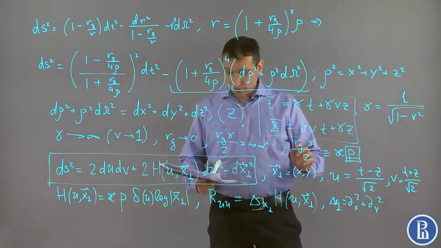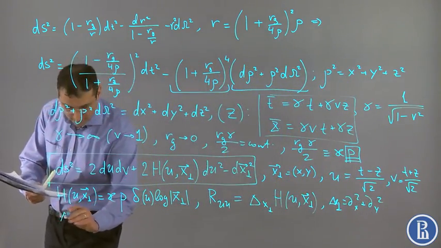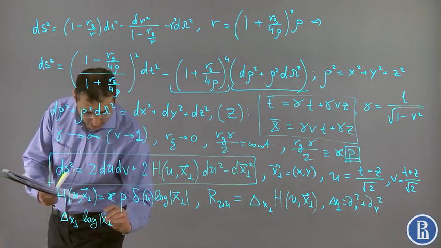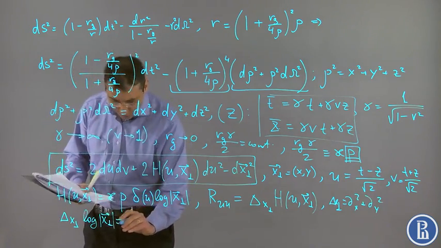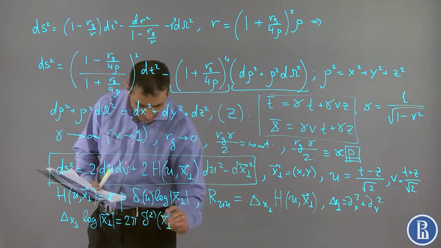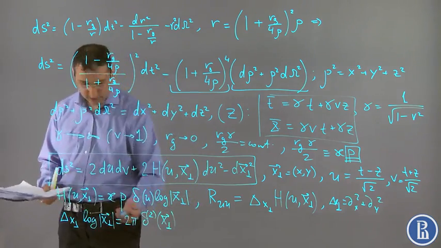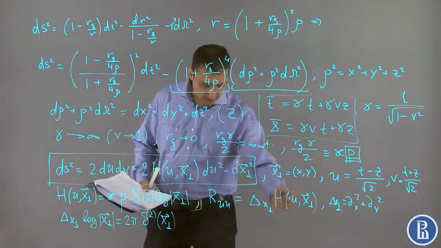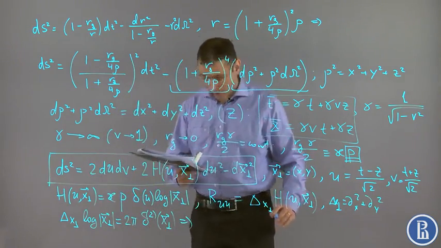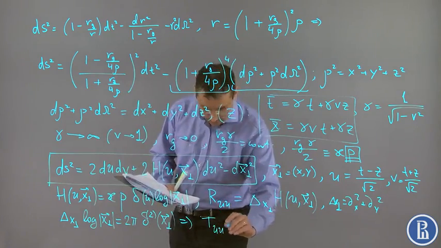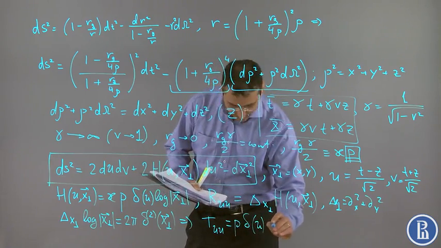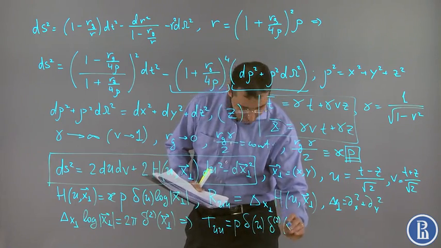Using the fact that the Laplacian of log x perpendicular is actually 2 pi times the two-dimensional delta function of x perpendicular, so basically log is a two-dimensional Green's function, we obtain that this metric solves the Einstein equations with the following source: T_uu is just p times delta of u times two-dimensional delta of x perpendicular.